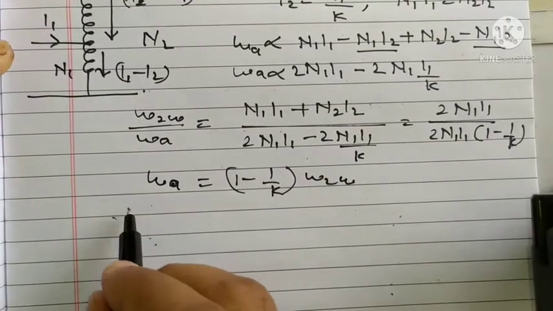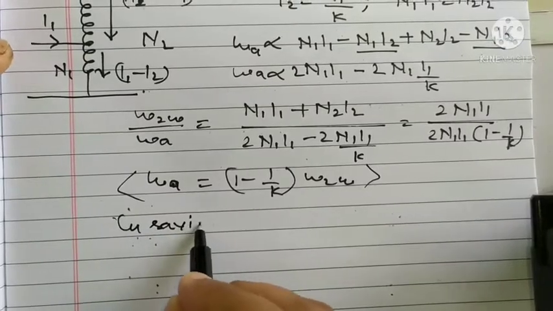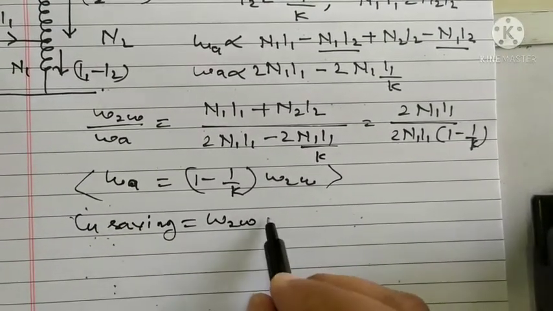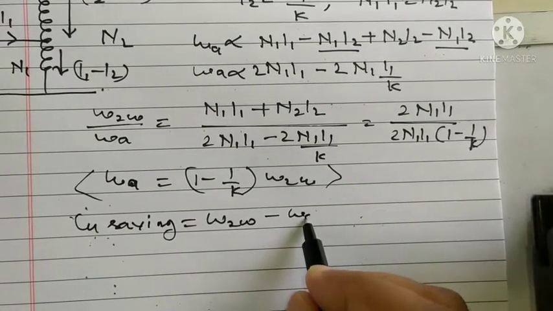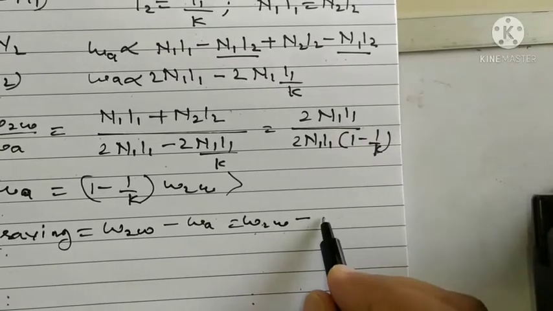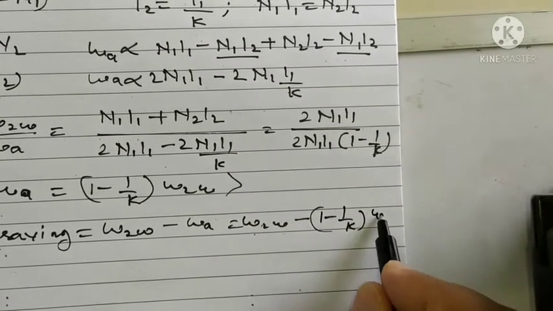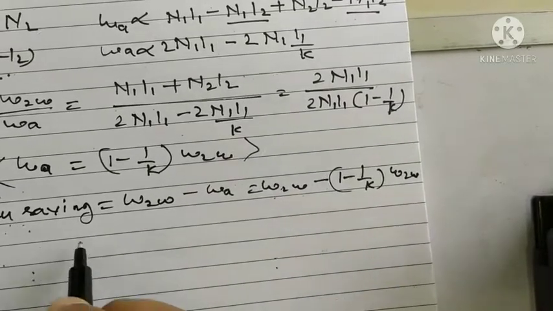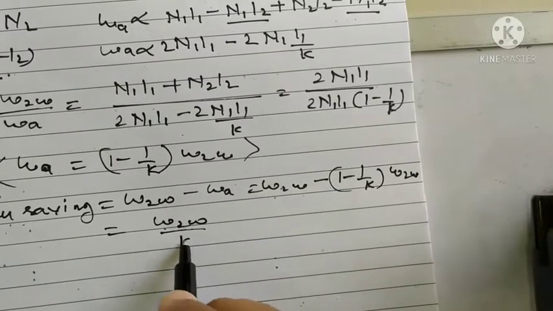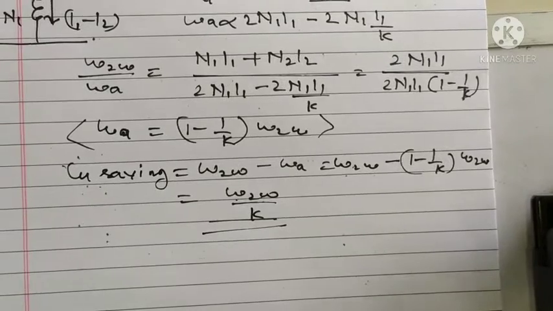So what is copper saving? Copper saving is W2 winding minus W auto. So that is W2 winding minus 1 minus 1 by K times W2 winding, and it will come as W2 winding by K. So this will be copper saving, right?